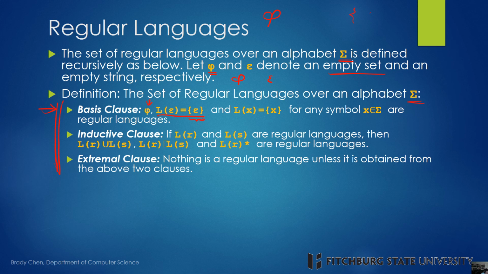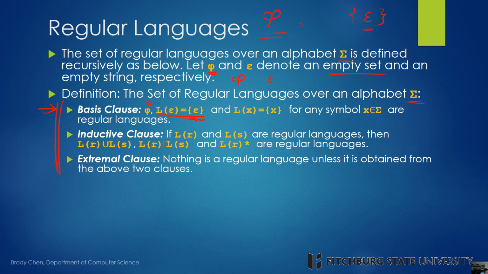The empty set contains no element. The set that contains the empty string is not an empty set. There's one element in the set, that's the epsilon. So that's different. This one contains an element.